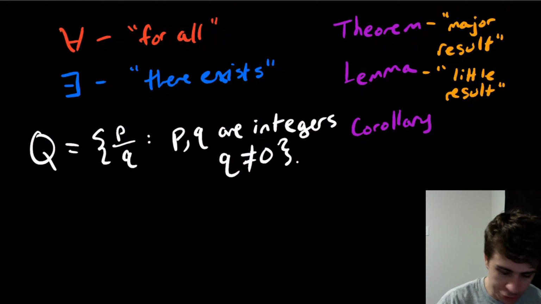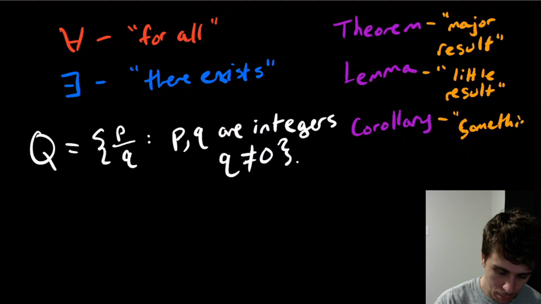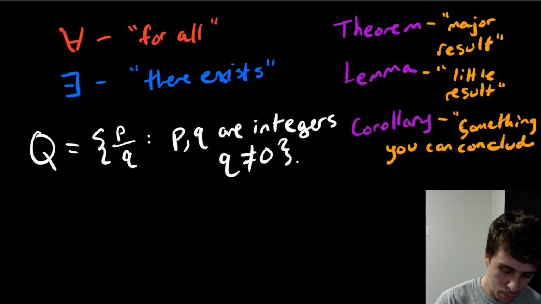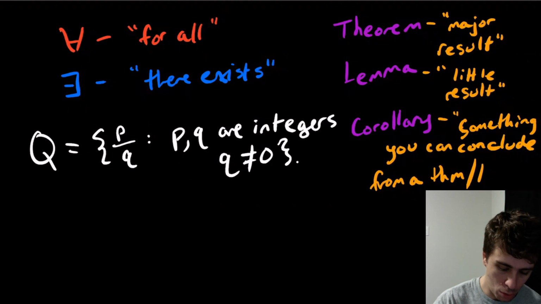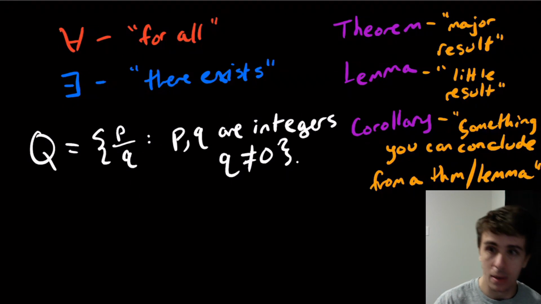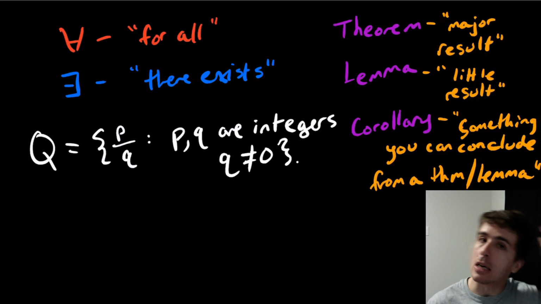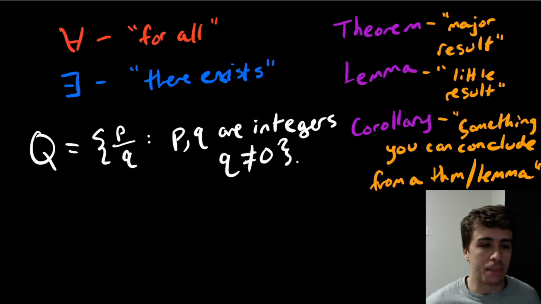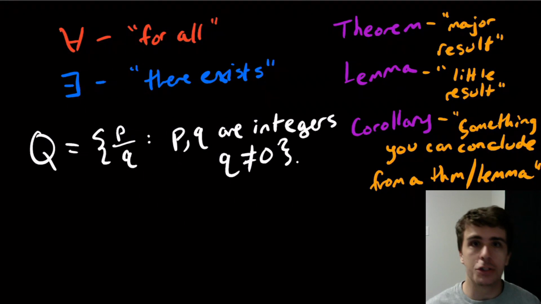And then what's a corollary? It's something you can conclude from a theorem or lemma. Okay, so it's just something that you can conclude. So, for example, all even numbers are integers.